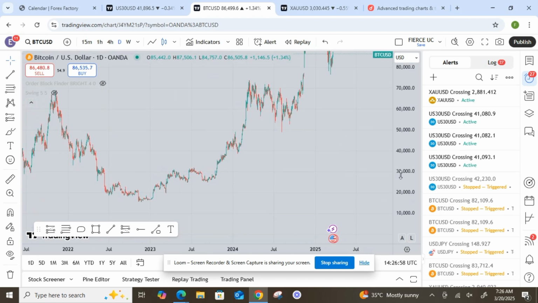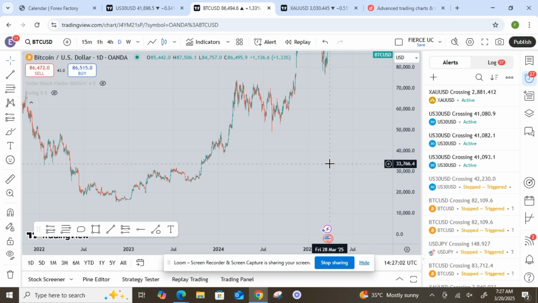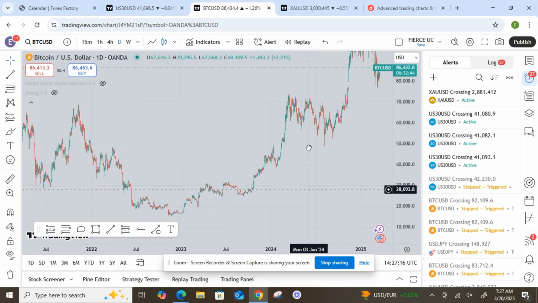So now let's start putting in our support and resistance. I'm still at the daily time frame, right? Where am I? I've gone too far. Let me use this side, this 223 upward. So look now.